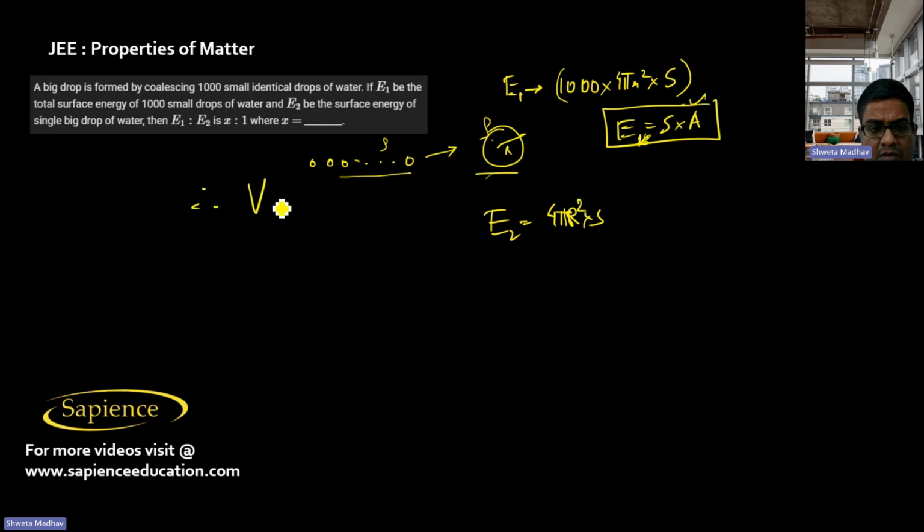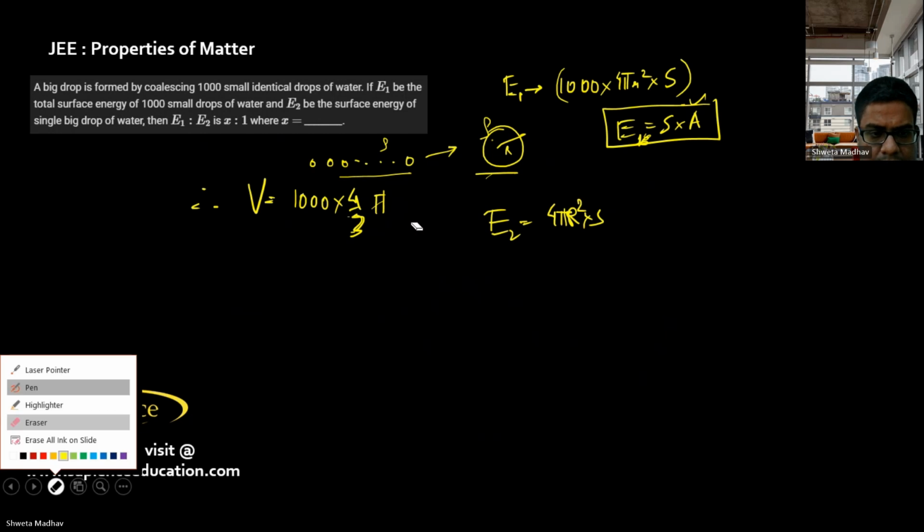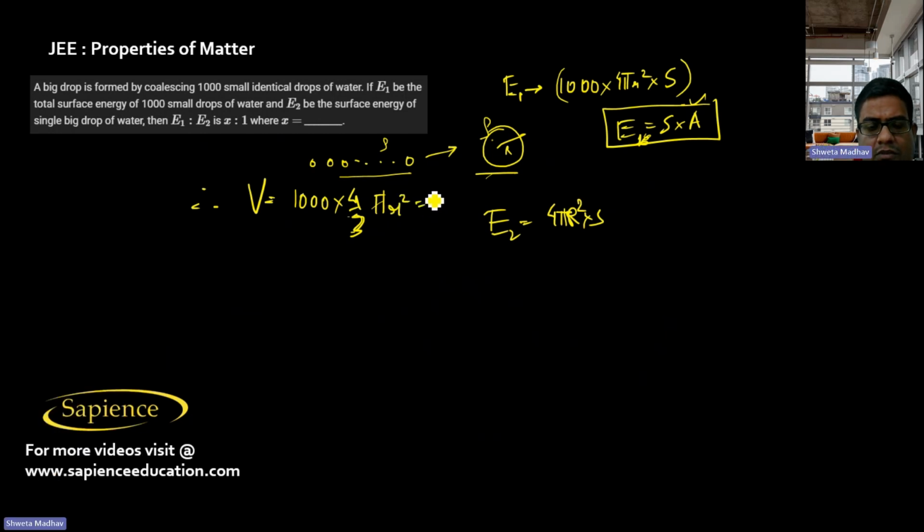So the volume of these 1,000 identical drops is 1,000 into 4 by 3 pi r cubed, and that is equal to 4 by 3 pi capital R cube. 4 by 3 pi cancels. So capital R cube equals 1,000 into small r cube.